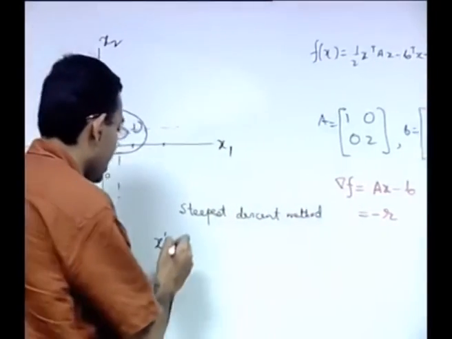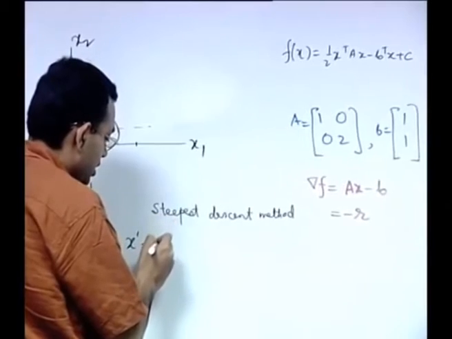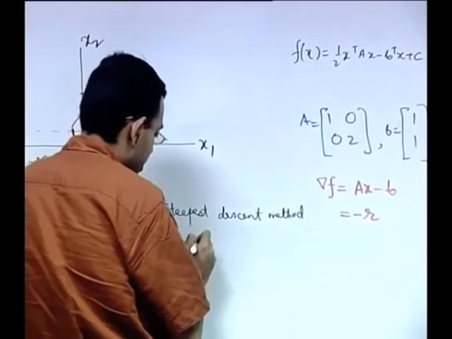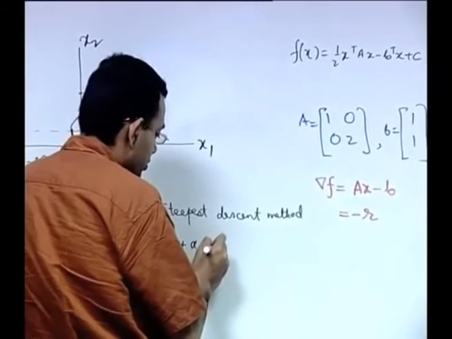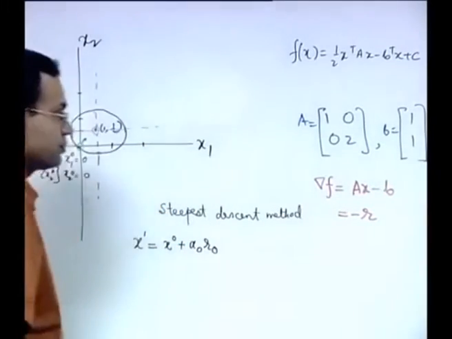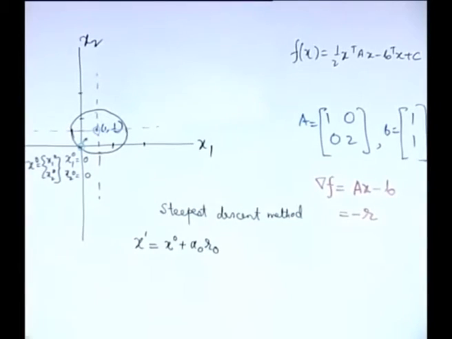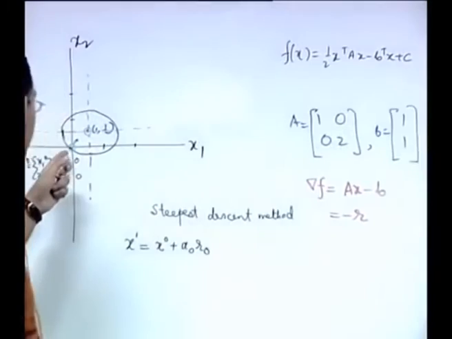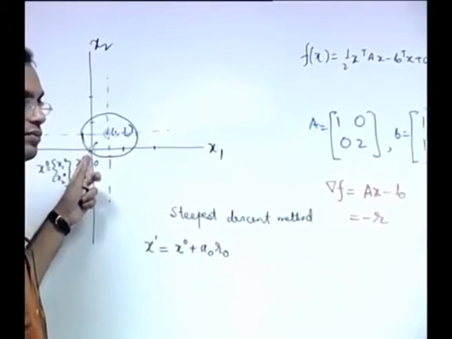So we can say x1 is equal to x0 plus alpha 0 into r0. What is r0? r0 is minus the gradient of f at x0.